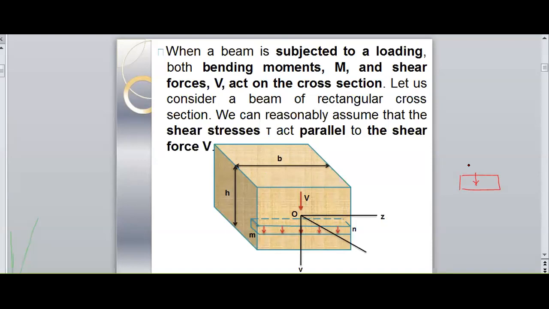The shear force is applied in this direction, and to resist it, a shear stress is developed on the cross section on a small fiber. He is showing the small fiber here on the beam. So shear force is applied on the beam, and a parallel shear force will be developed, and shear stresses will be developed.